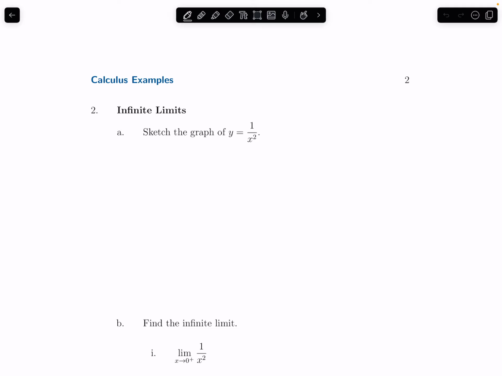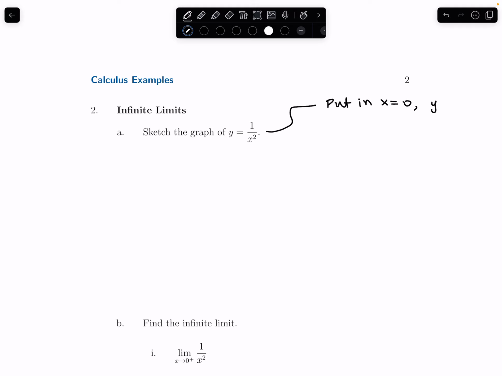This is an example with infinite limits. So here we start with: sketch the graph of y equals 1 over x squared. Before we do that, check that if I put in x equals 0, the result is y equals 1 over 0 squared, which is undefined because 1 cannot be divided by 0.